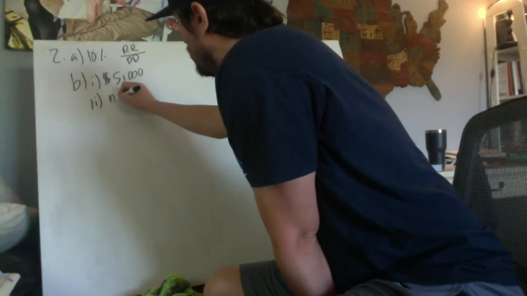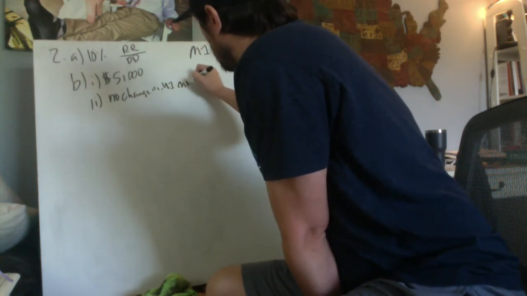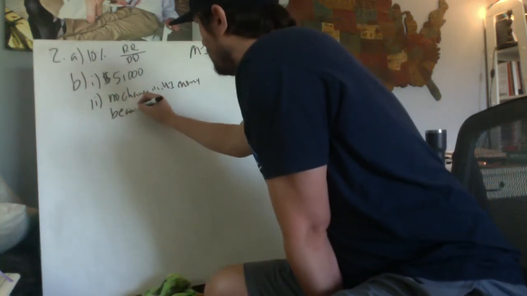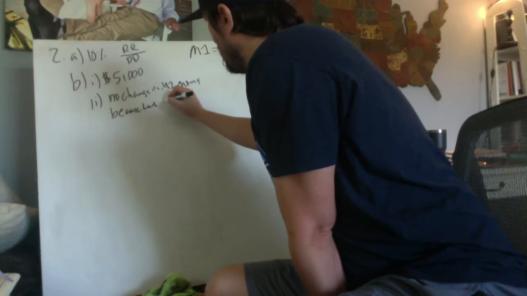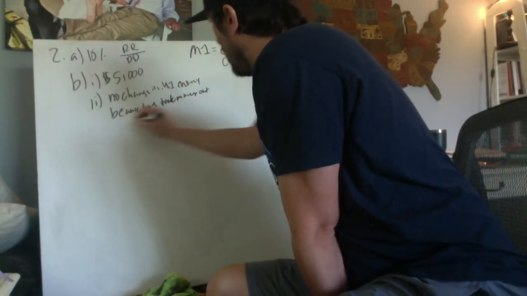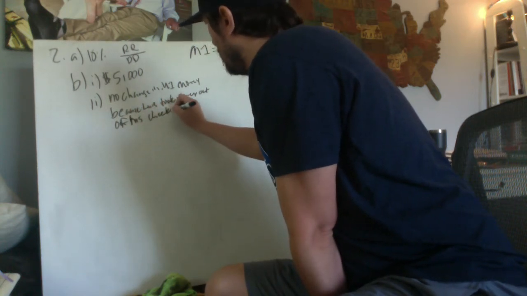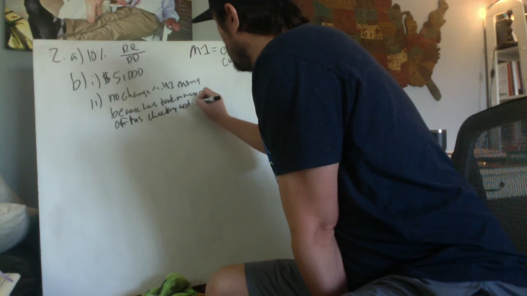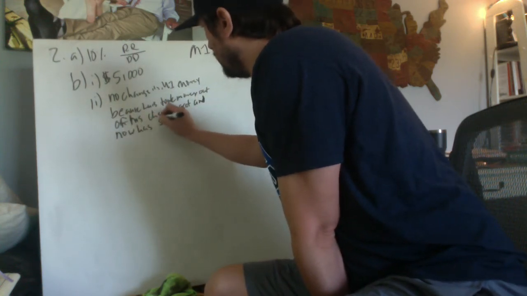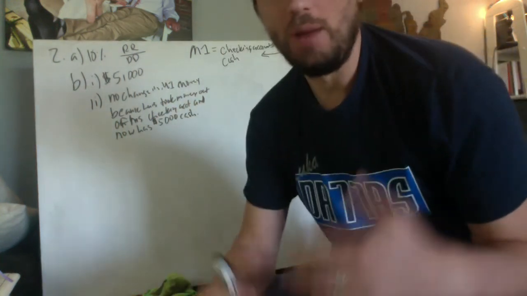So no change in M1 money because it says explain, so we're going to do a because: Luis took money out of his checking account and now has $5,000 cash. So there's no change.